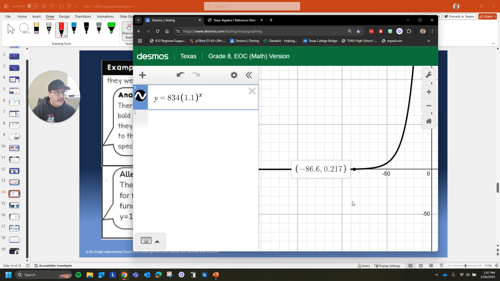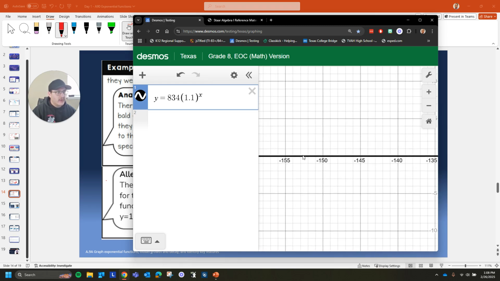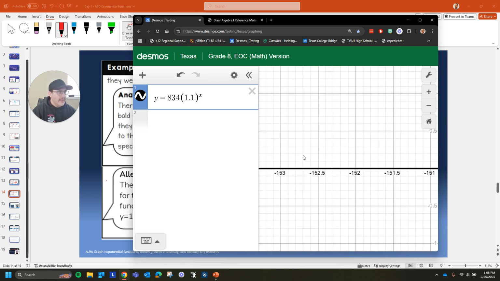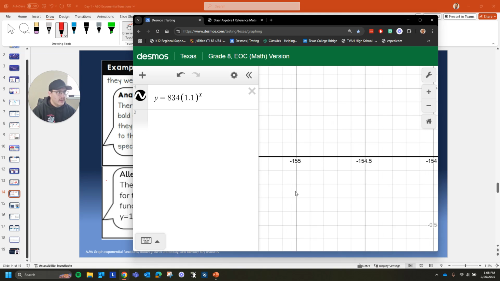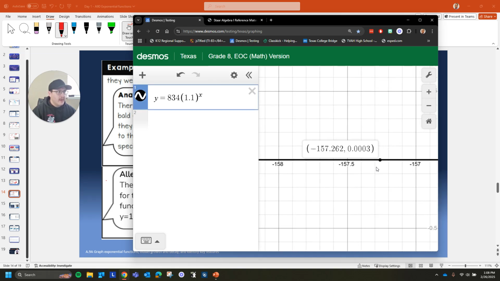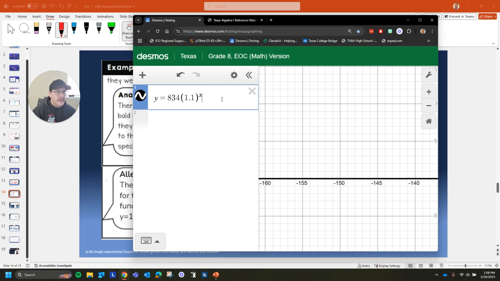As we go to the left, notice how it's getting smaller and smaller and smaller, but it's never going to actually touch that line. 0.4, and it just keeps on going all the way to the left. 0.00003, 2, and so on. So it's never going to actually touch a certain number. And if we don't see that number on the outside of it, we can assume that the asymptote is y equals 0.